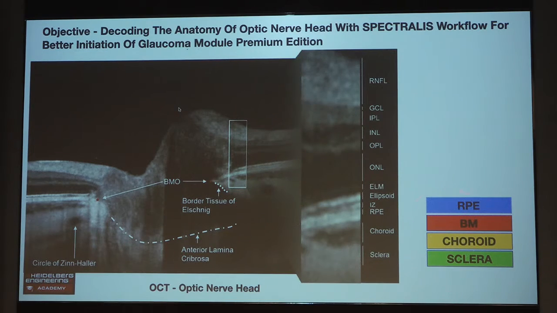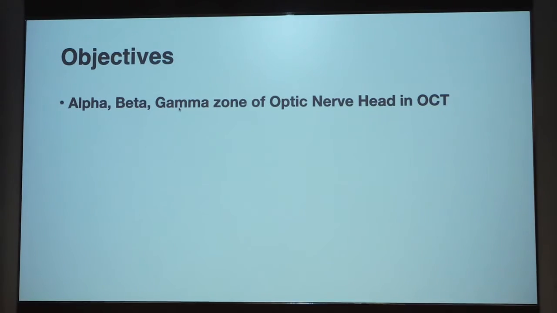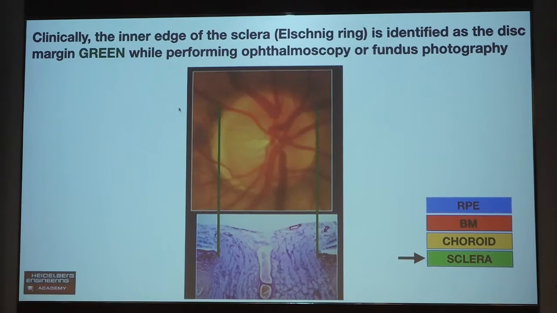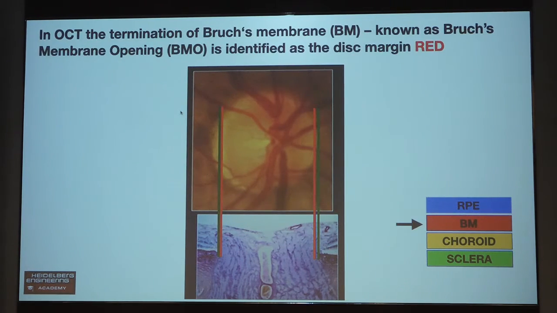Again, I'm reorienting you to the basics where RPE is blue, Bruch's membrane is red, choroid is yellow, and sclera is green. So what are the alpha, beta, and gamma zones? This is a very, very important point that we need to know. In our post-graduation and fellowship, this keeps coming back and back. So what we think in reality is we see the optic disc margin as the end of the sclera, Elschnig's ring, but in reality it is not that.